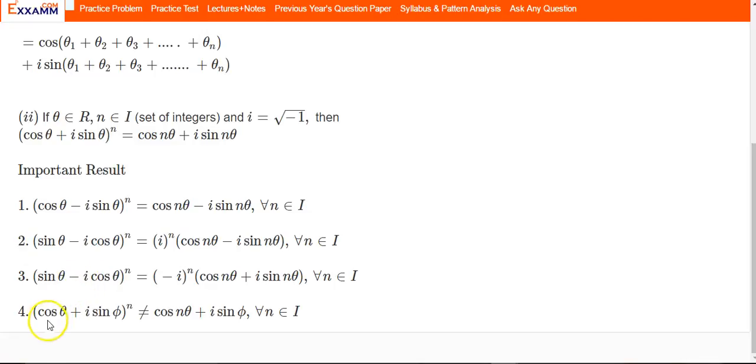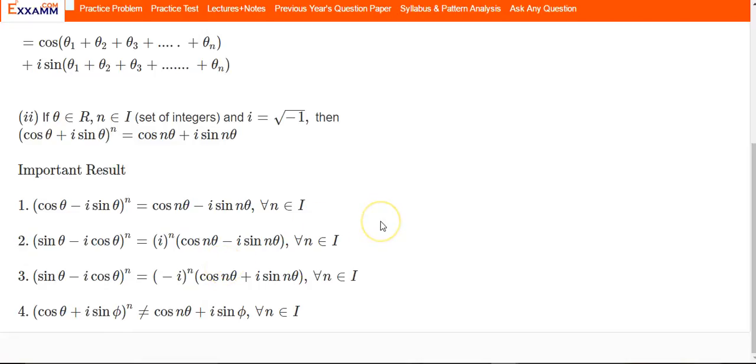Now another very important fact is whether (cos theta plus i sin phi) to the power n is equal to cos n theta plus i sin n phi. It should be n phi here, but it is not. For de Moivre's theorem to have any meaning, both the angle theta and angle phi should be the same. So this theorem holds only when cos theta plus i sin theta is being raised to the power n.